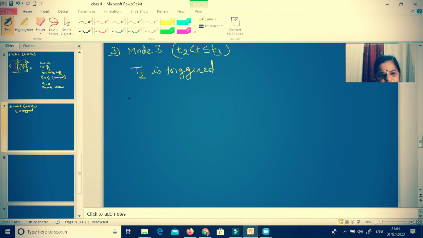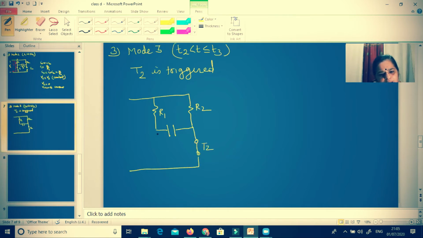Now T2 will be on. Since the voltage across the capacitor was like this, through this T2 short circuit, the plus is appearing to the cathode of T1 and negative is appearing to the anode of T1. So T1 is reverse biased and that's why it will be off.